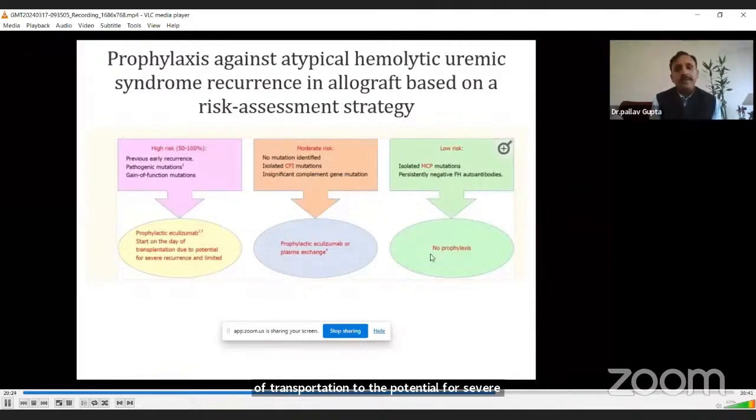Patients who are at moderate risk should also receive prophylactic eculizumab or plasma exchange before undergoing transplantation. And patients who are at low risk, that is isolated membrane cofactor protein mutations or persistently negative anti-factor H antibodies, require no prophylaxis.